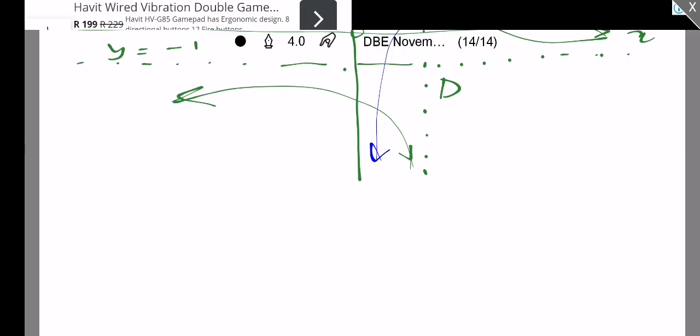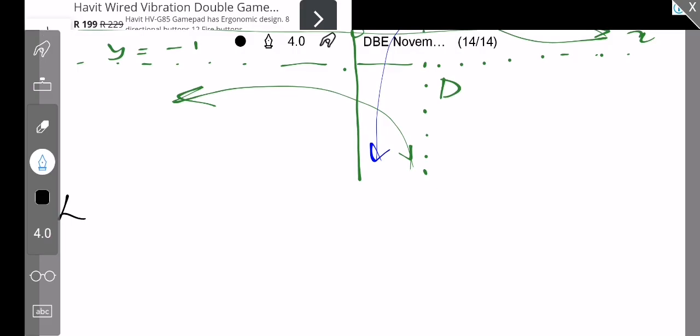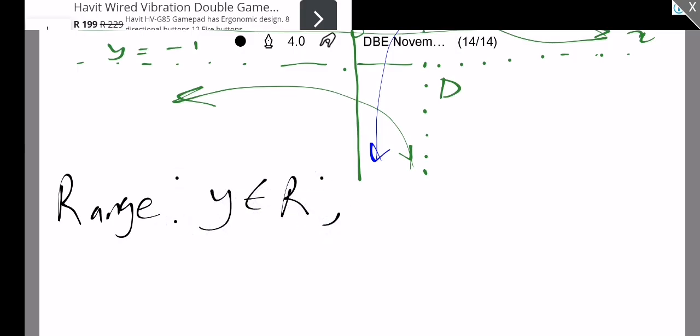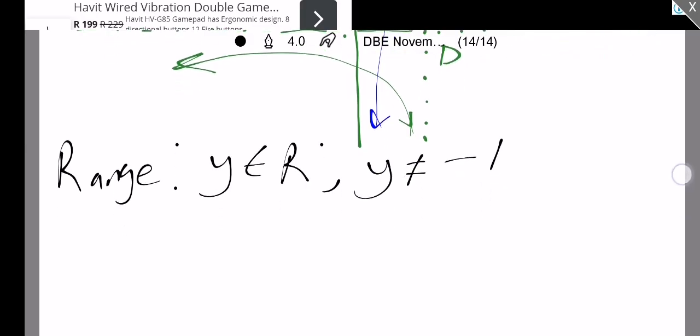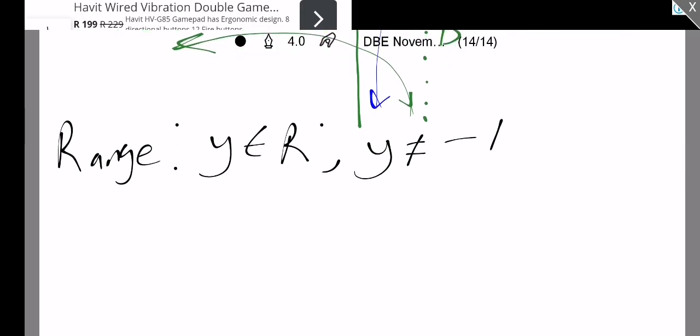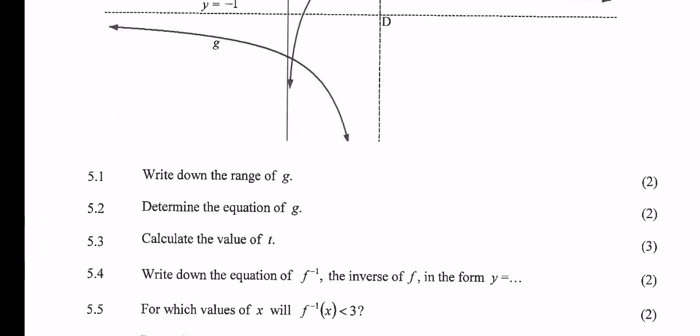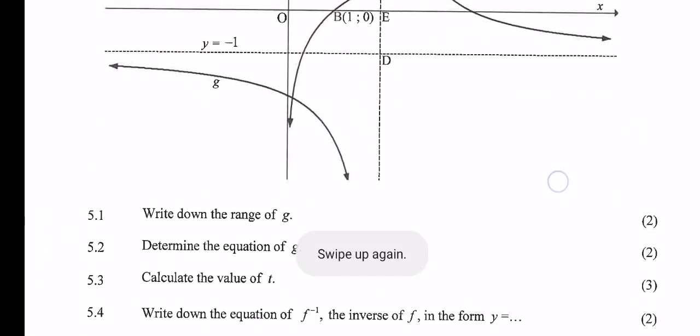The first question was that we have to determine the range of the hyperbola. The range is y an element of real numbers, but y cannot be the asymptote -1. Question 2, let me just go back. Determine the equation of g. Remember, g is the hyperbola.